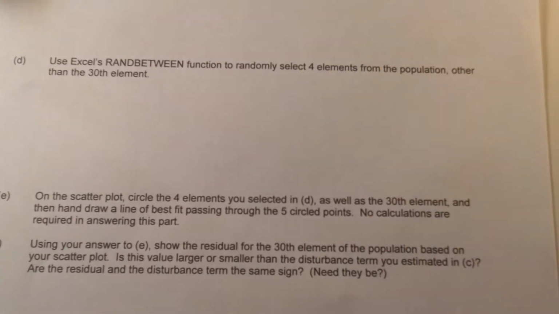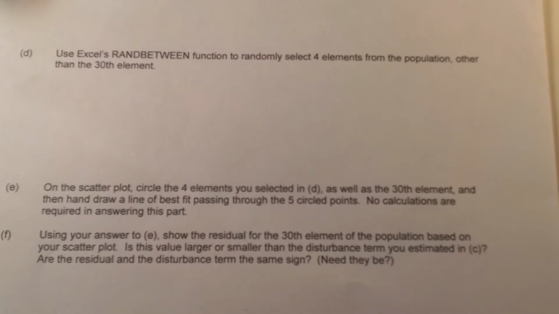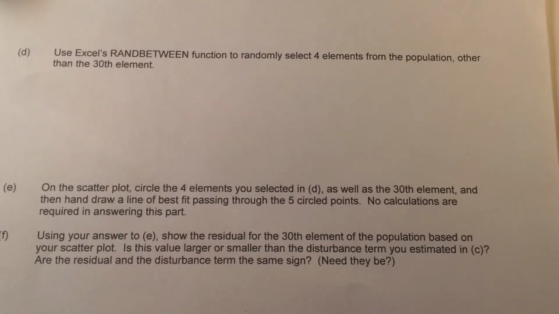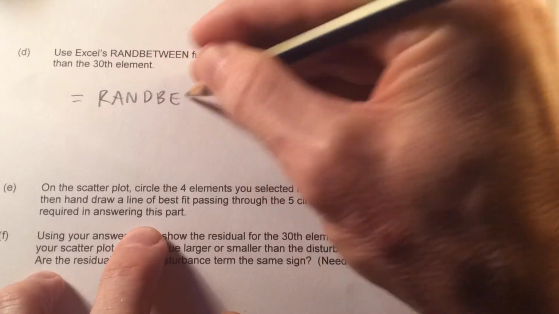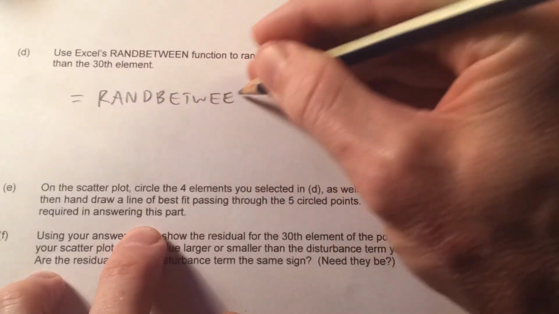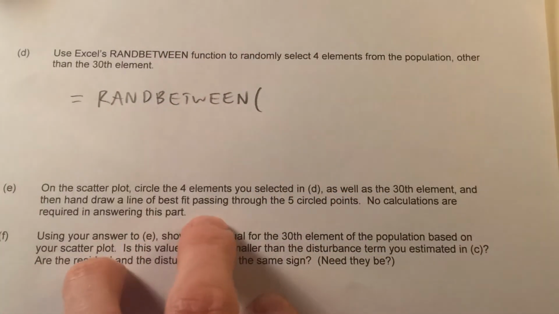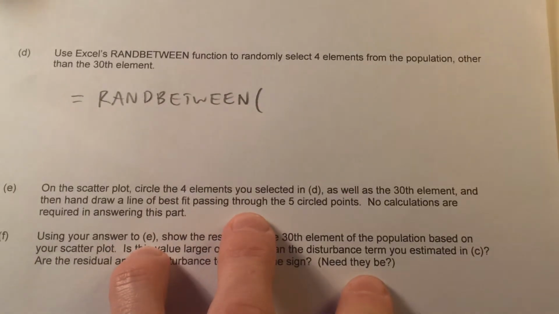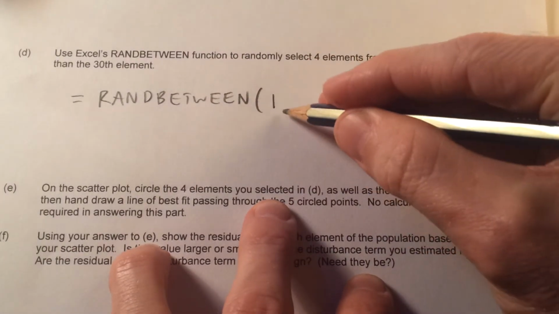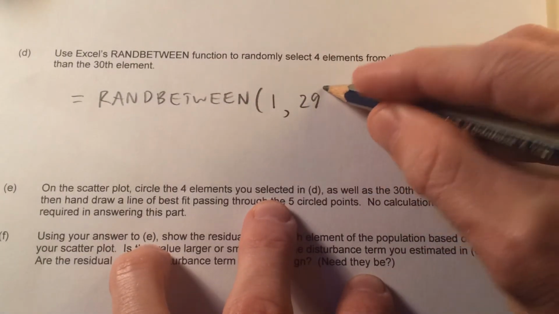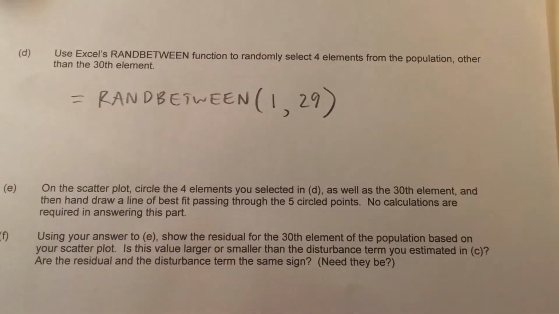And over to part D, it says use Excel's rand between function to randomly select 4 elements from the population other than the 30th element. So in Excel you would type equals rand between. Then you want to pick numbers based on the index. That was one thing that you had to work out. So index numbers between 1, that's the low value, and 29, so we don't include 30.